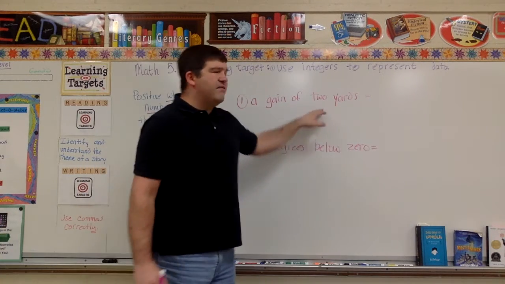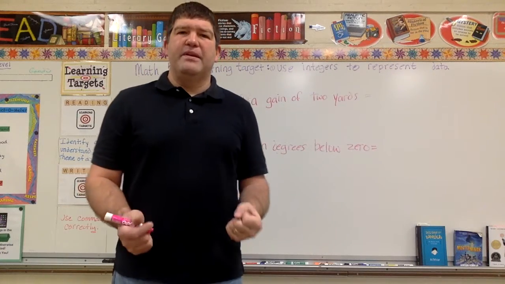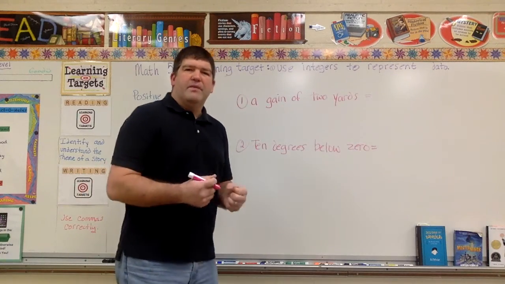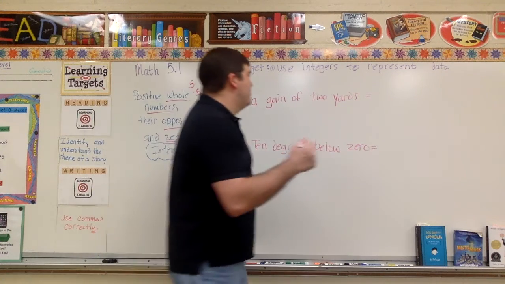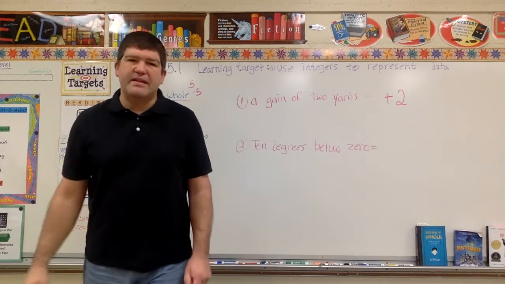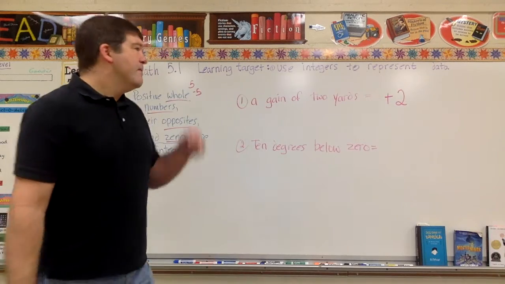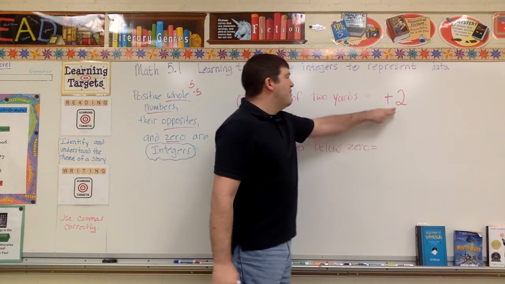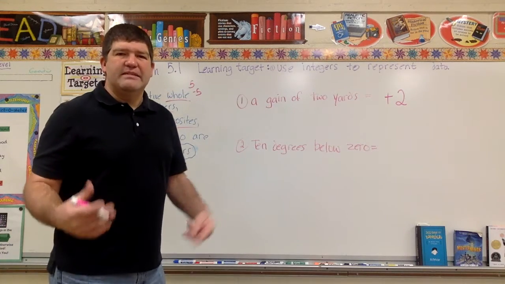I have a gain of 2 yards. A gain means something positive, meaning I'm getting something. It's a good thing. A gain of 2 yards. So the way I would say that is +2. Okay. Now, how does this connect with 0? How does it relate to 0?